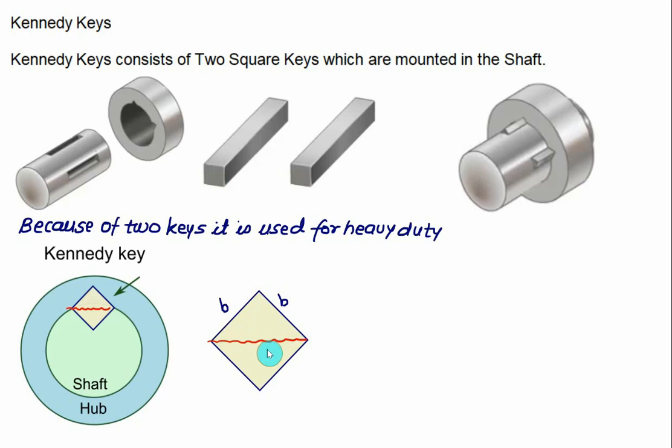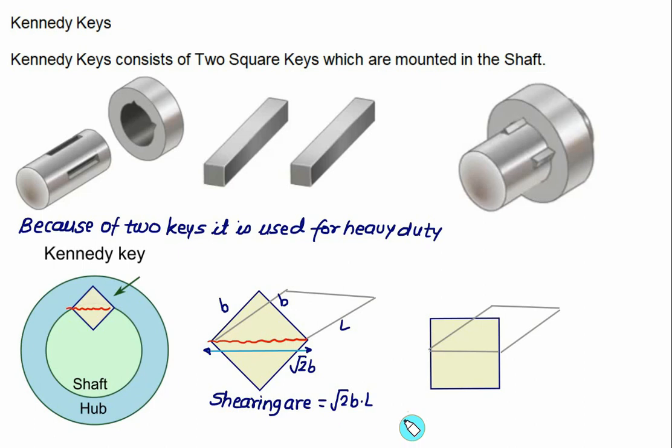The diagonal of the Kennedy key will be equal to root 2 times B. So we find a large area which will offer the shearing resistance. Here L represents the width of the hub. So the shearing area is equal to root 2 times B multiplied by L.